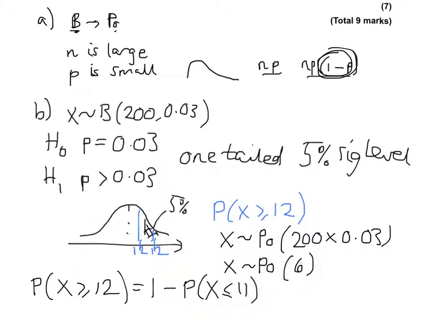That comes out as 0.0201, which is equal to about 2%, 2.01%.